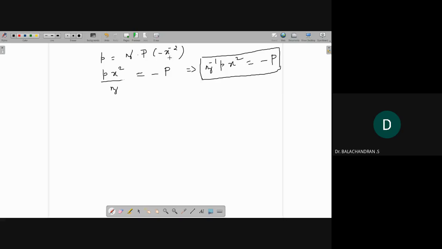Because this is 1 by x square, just cross multiply, so I will write x square here.